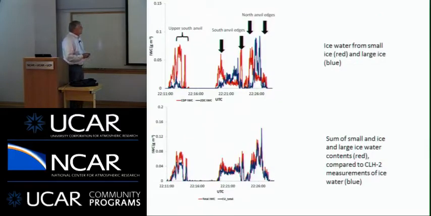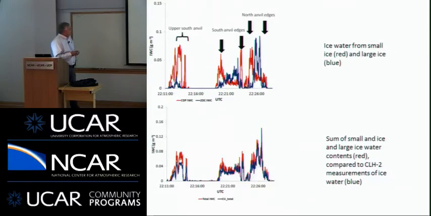So using that data, we can calculate a mass concentration for ice water content. And for the cloud droplets, we assumed they were spheres of ice and corrected for the index of refraction changes due to ice. And then for the large particles in blue, we used the density calculated from before.